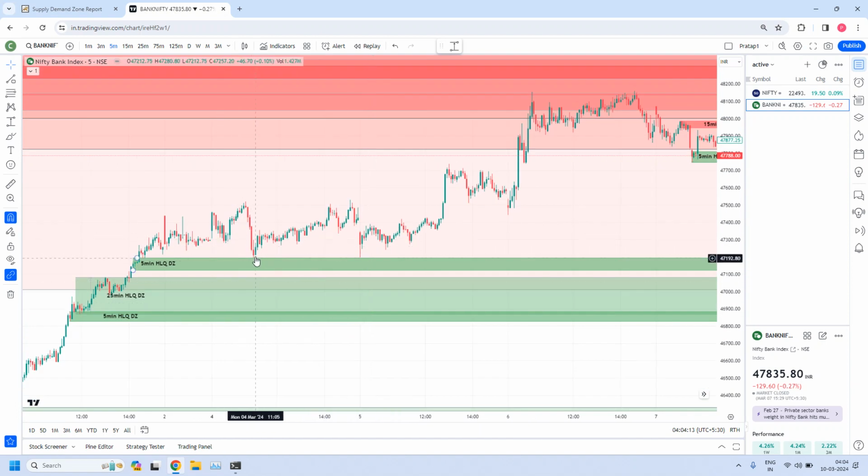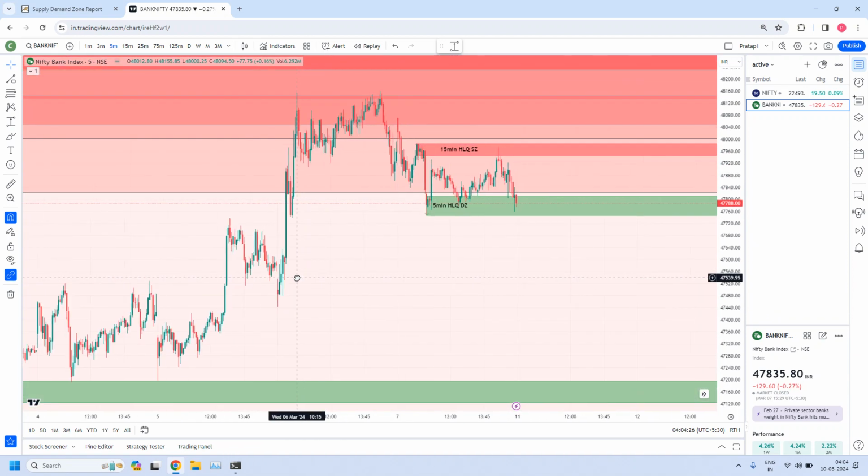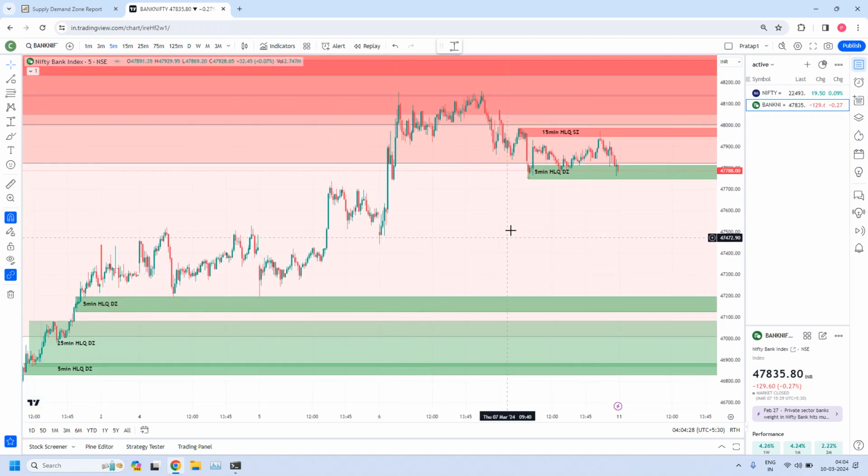I thought this would be violated and then below it would get the support, but it didn't happen. It is having a lot of liquidity during last week. It held the prices. If this 5 minutes high liquidity demand zone is violated, again probably it will get support here only.